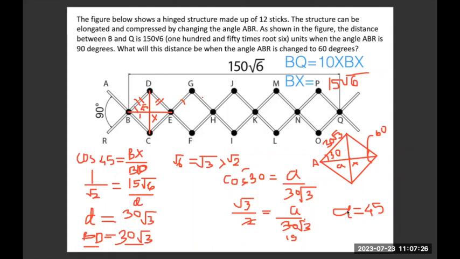So the value of A I got is 45. This part value is 45. Again, using this function, BQ is 10 times BX. The changed value of BX is 45.